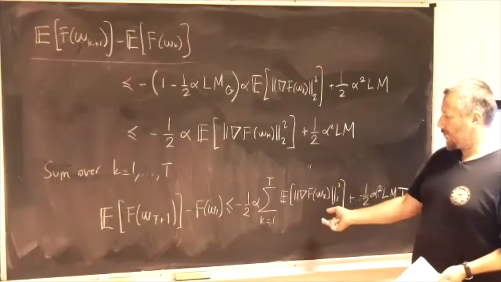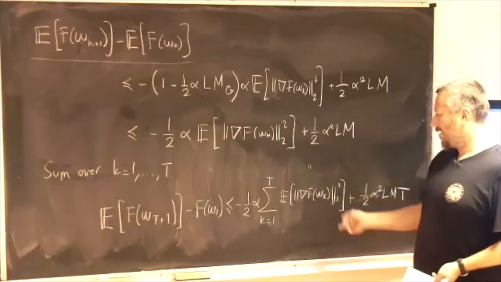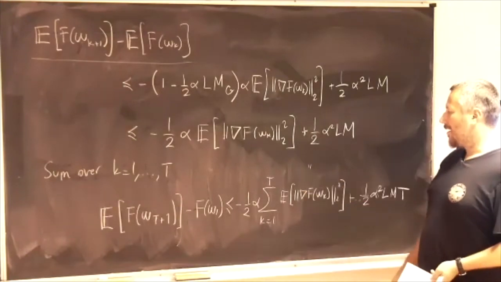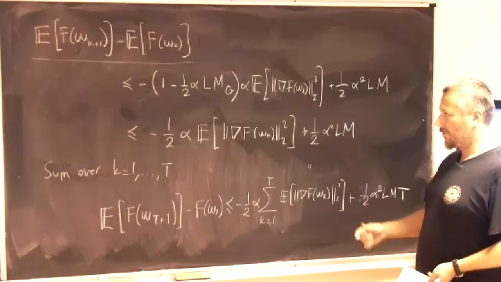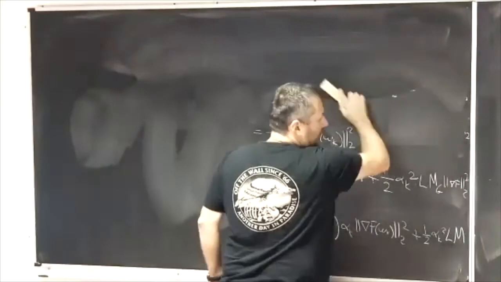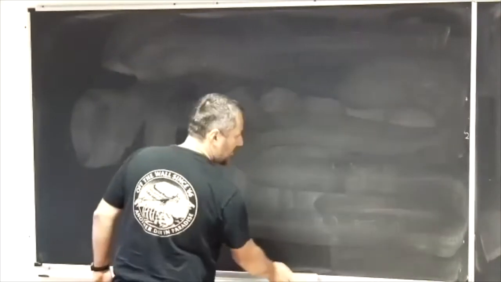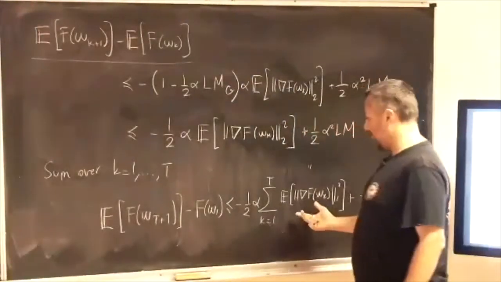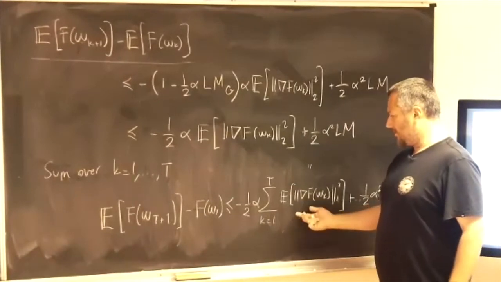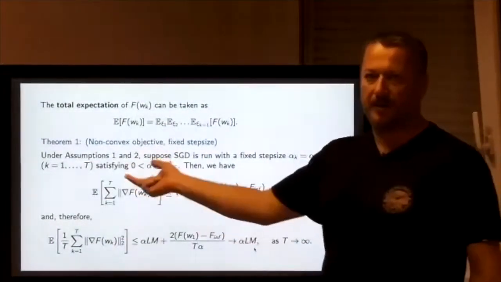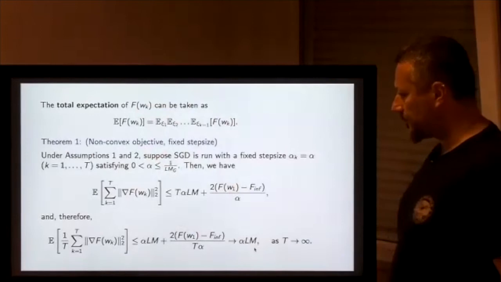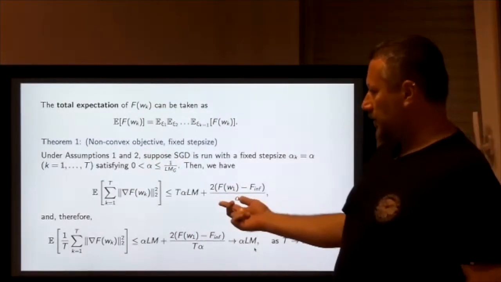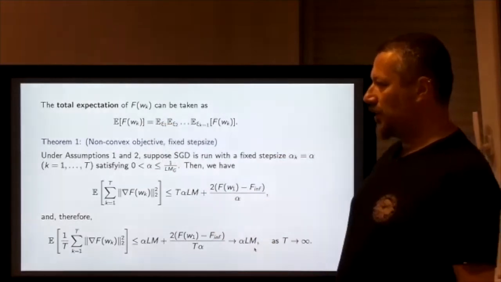Now we just need to rearrange these terms, multiplying both sides with 2/alpha. Once you reorder these, leave the sum alone, you get exactly this expression here if you take the expected value outside the sum. So you get exactly this expression if you multiply by 2/alpha.